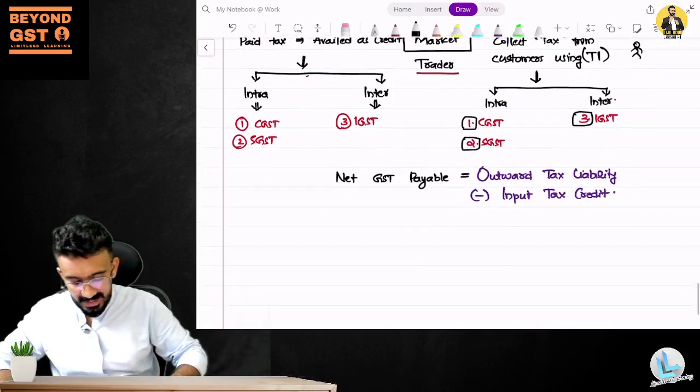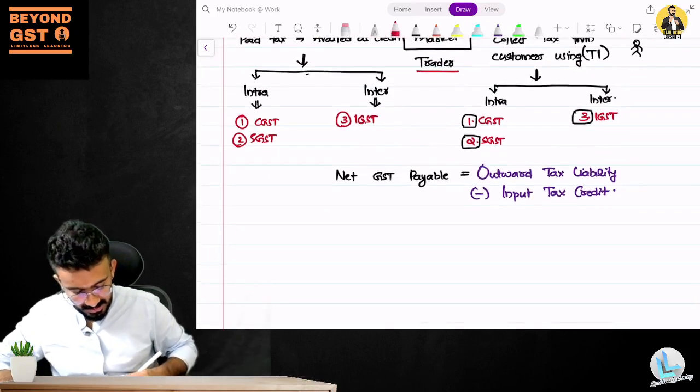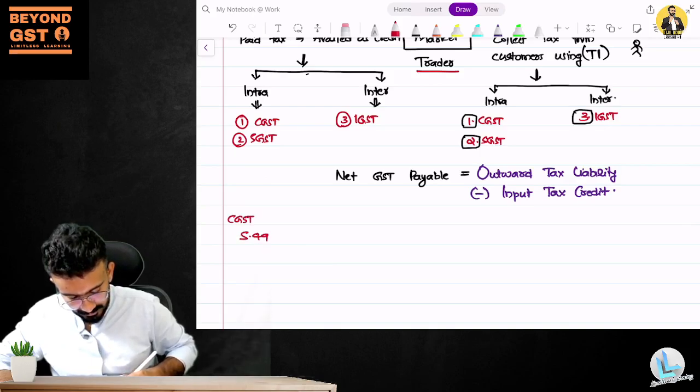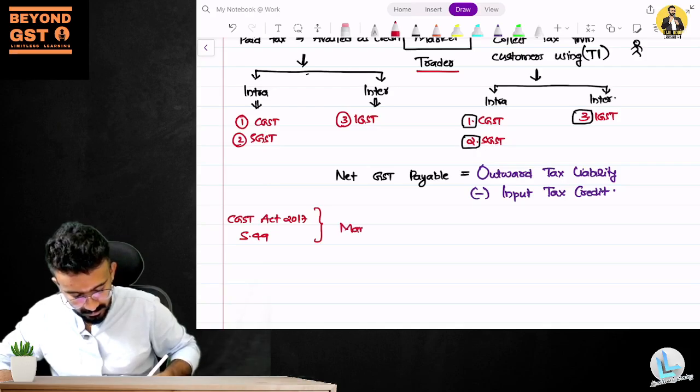So, we will have to learn Section 49 CGST Act, which talks about manner of utilization of credit.